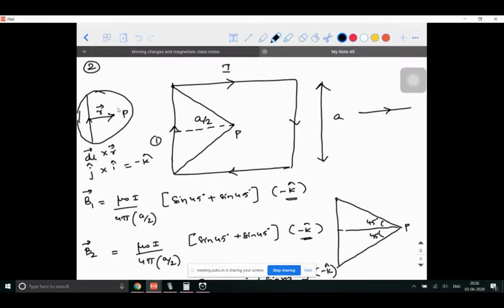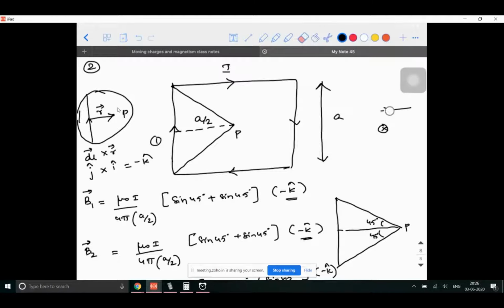Place the thumb of your right hand in the direction of current and curl your fingers. Yes, sir, you are getting it into the plane on the right of it. That is the reason why I wrote it as minus k cap.